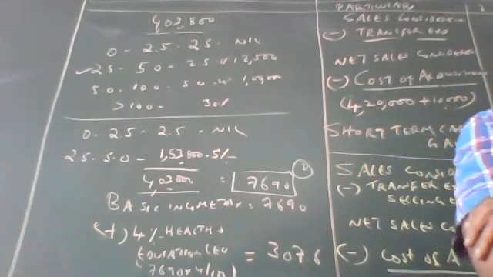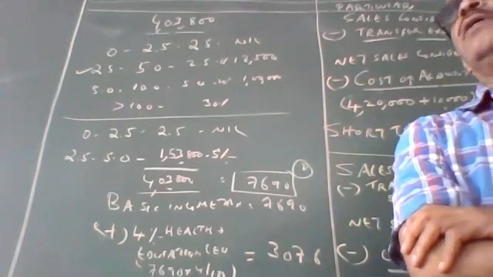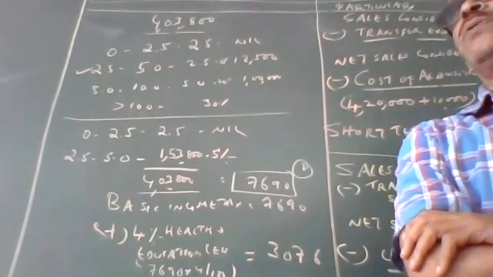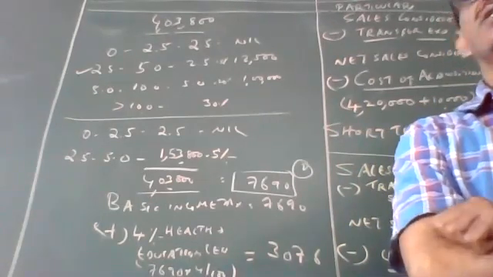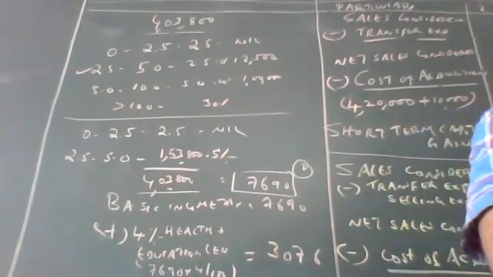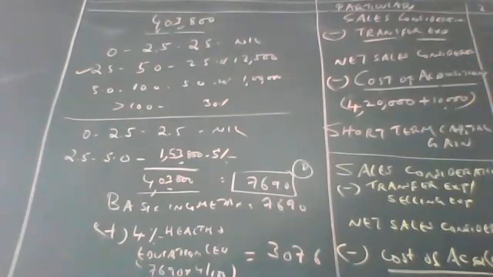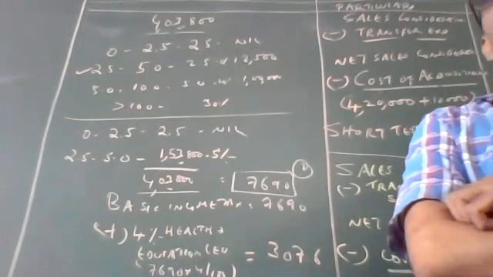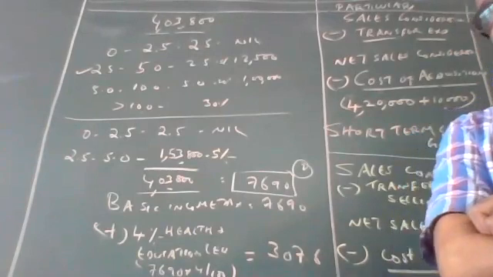The second thing, if we come back to profits and gains from business, there's a question on profits and gains from profession. That is very easy. How to compute income from profession?